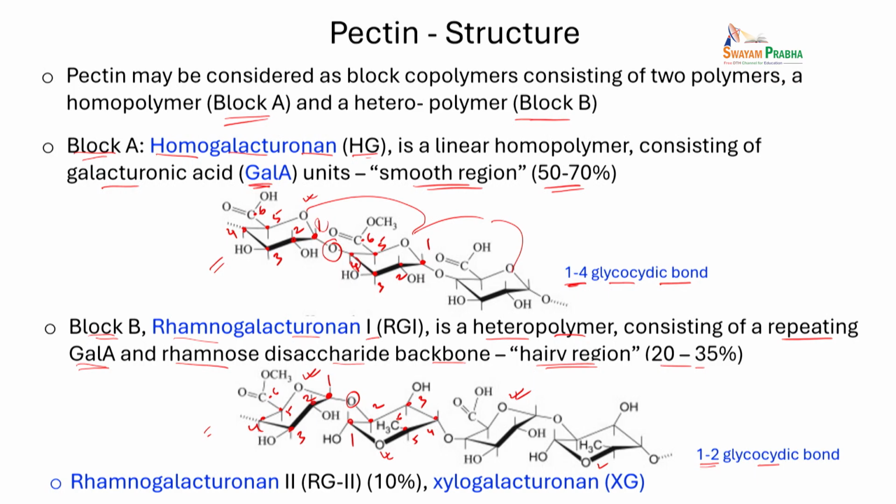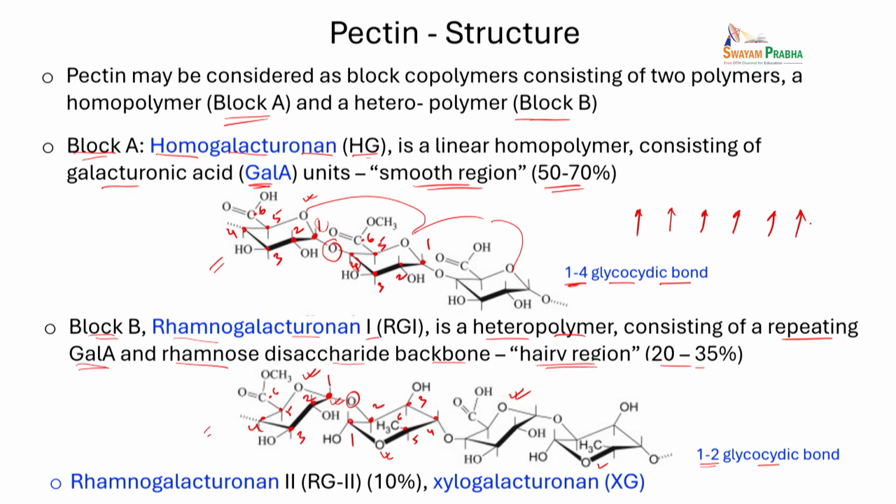Yeah, so you can see the bond here is between the first carbon of one sugar unit and the second carbon of the other sugar unit, and because of this linkage the sugar molecules get twisted, and then you have an alternating up-down kind of structure. So in the homogalacturonan all of these chains are arranged in one particular way.